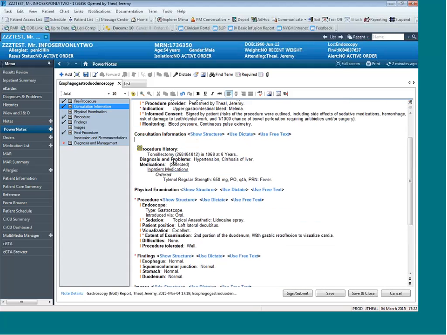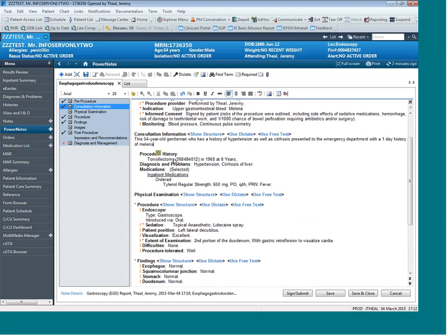This 54-year-old gentleman who has a history of hypertension as well as cirrhosis presented to the emergency department with a 1-day history of melena, as well as pre-syncope, and shortness of breath. There was some nausea but no vomiting. There was no syncope.